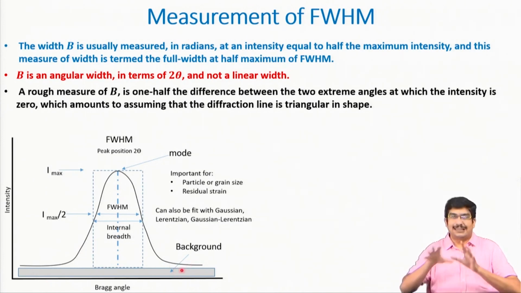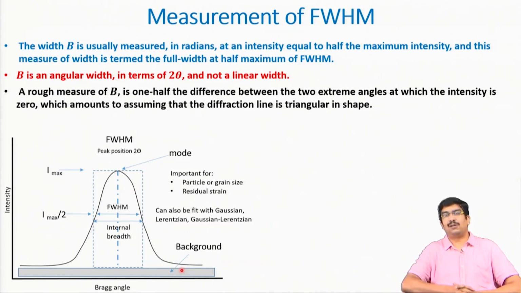Now, understanding this broadening phenomenon is itself a big area of research, and it is known by many names. A few of the names that you may have heard of is something called Rietveld refinement, where you try to understand this peak broadening from different sources you consider, and you try to match these peaks. All of these processes involve matching the peaks with a suitable function.